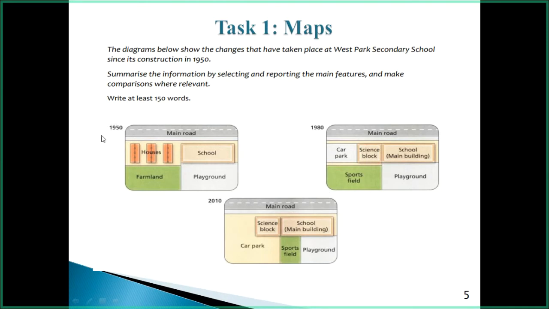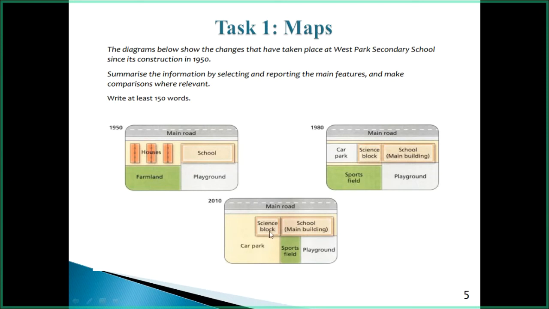After that, you will write the summary in which you will mention the main changes that are involved in the map of the secondary school: houses, farmland, playground, school, car park and science block. So houses are removed, car park and science block are introduced. Farmland is removed and replaced with the sports field.